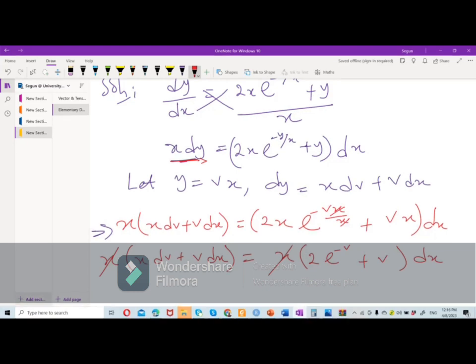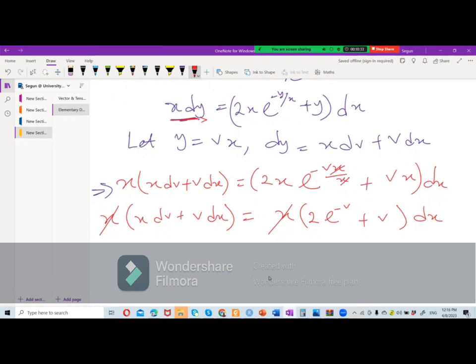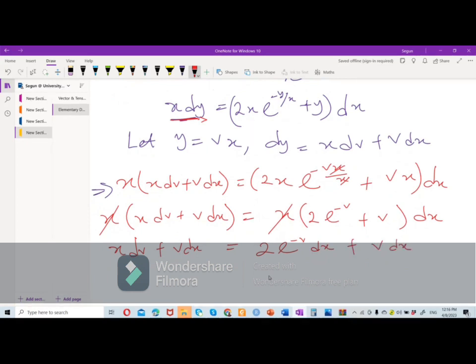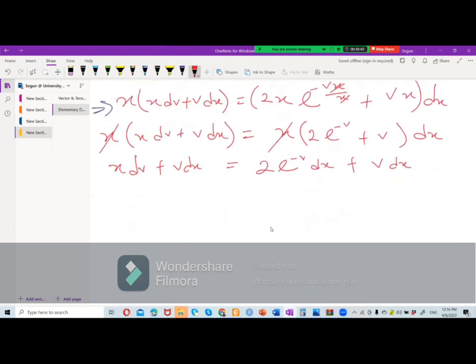At the end of the day, we can now open the brackets by saying x dv plus v dx equals 2 exponential minus v dx plus v dx. We need to see which ones can cancel each other.